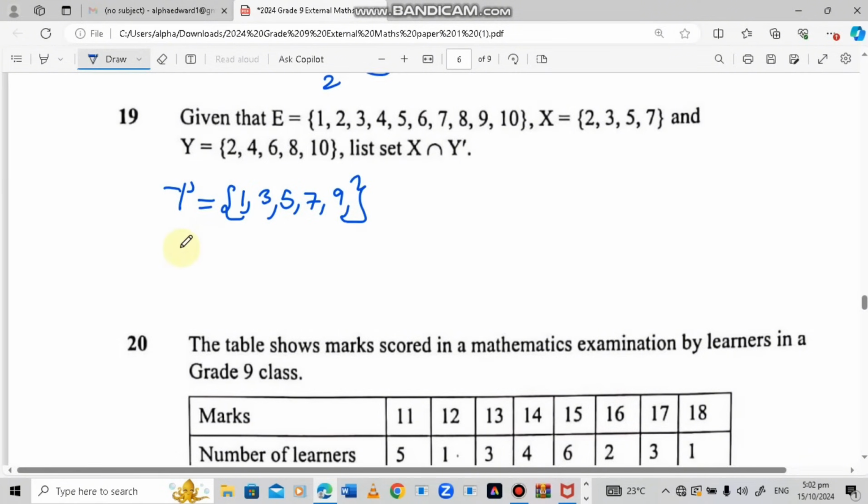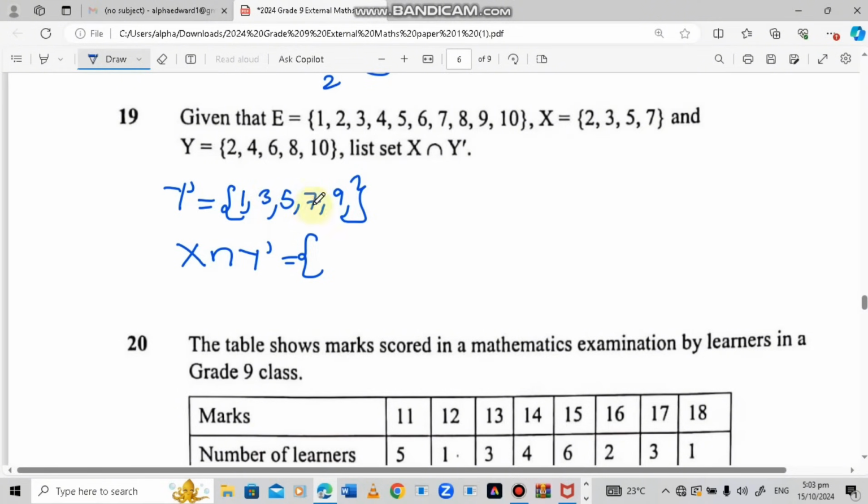Now for us to list X intersect Y complement, it means we need to list the elements that are found both in this set Y complement and in X. So in Y complement we have 1, we don't have 1 in here, so no need of writing it.